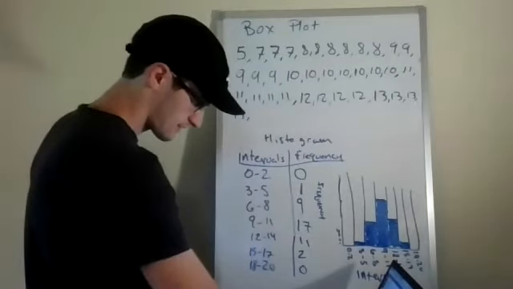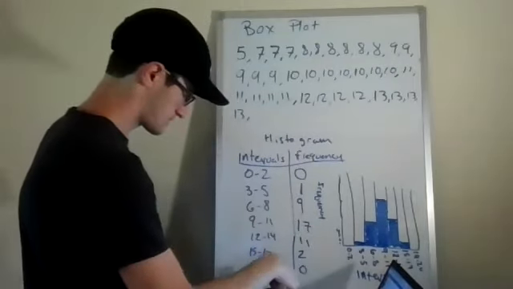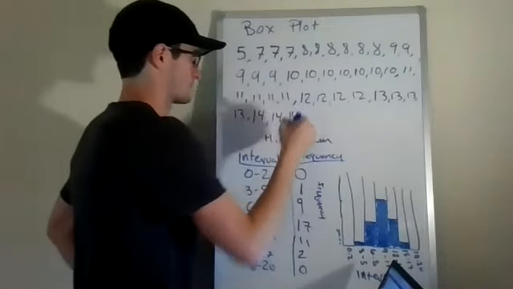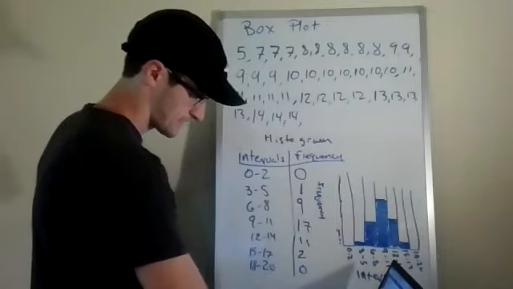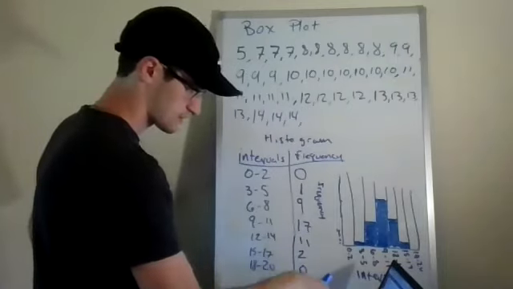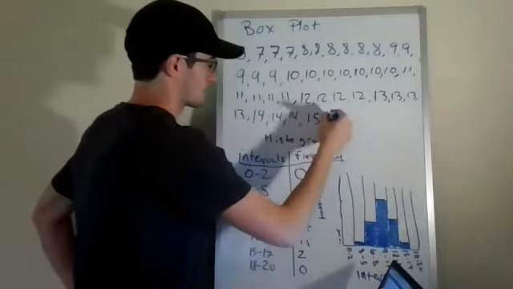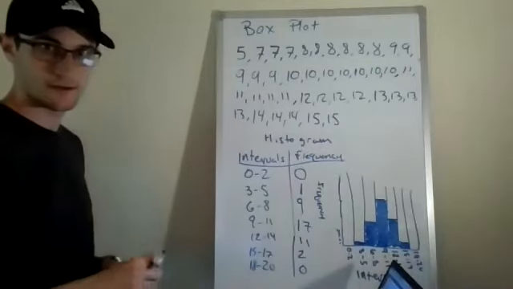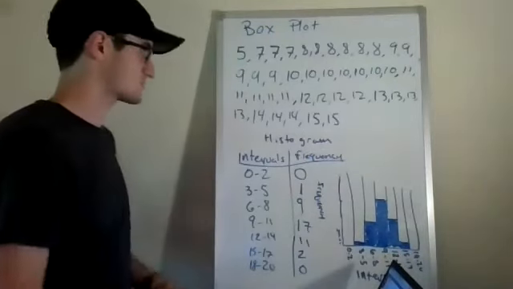And 14s, we have 1, 2, 3. Good. And I think the only thing we have left is a couple 15s, 1, 2 15s. Okay. And I was using my frequency chart to double check that.